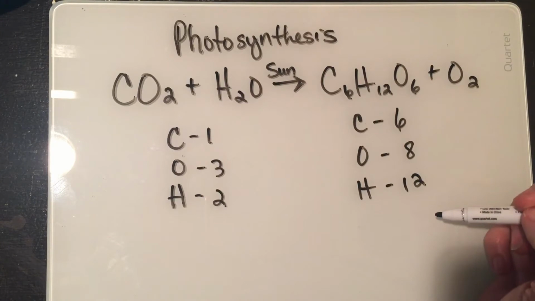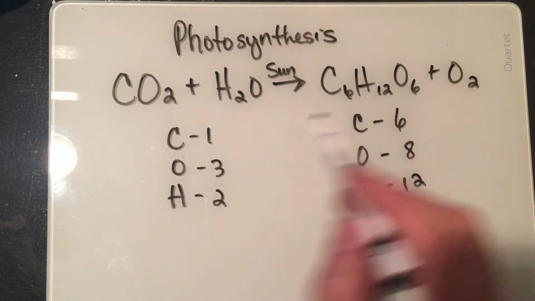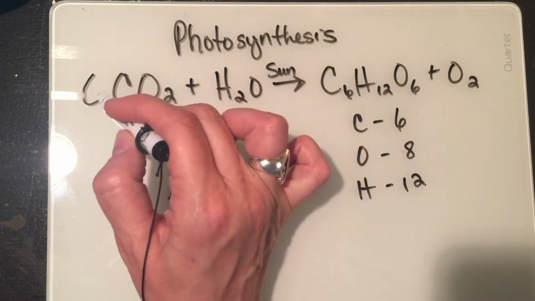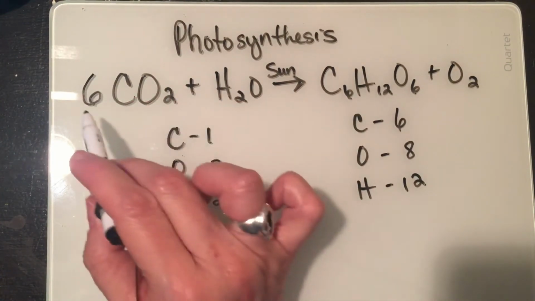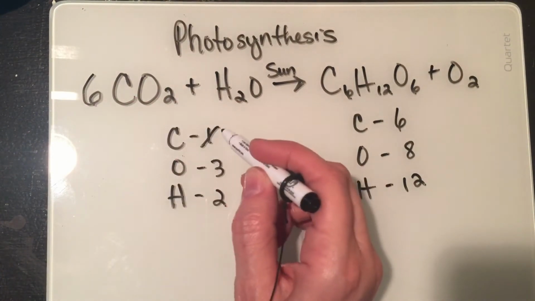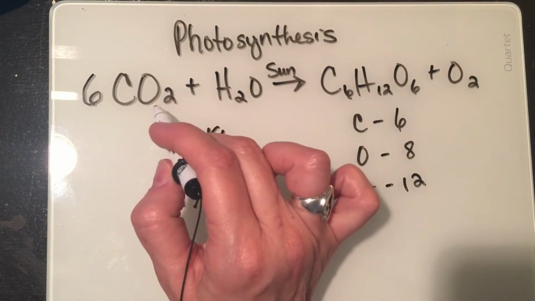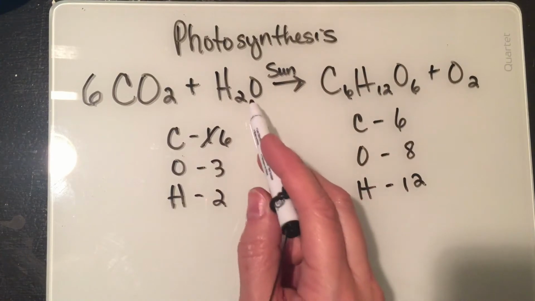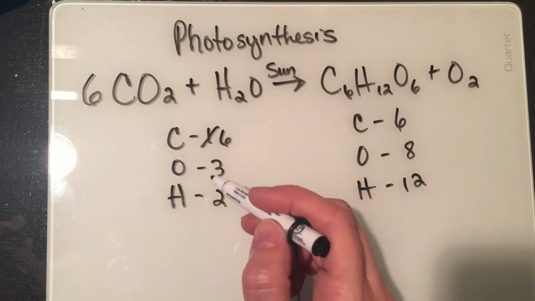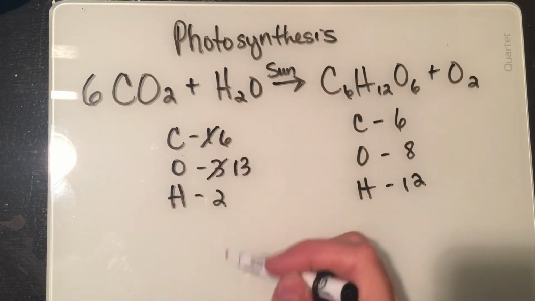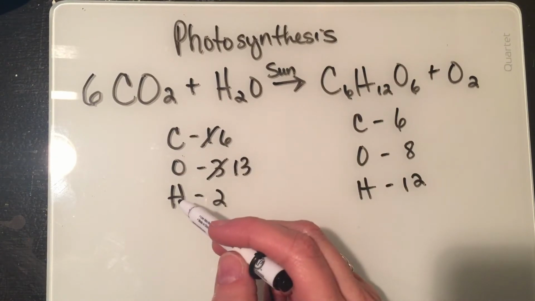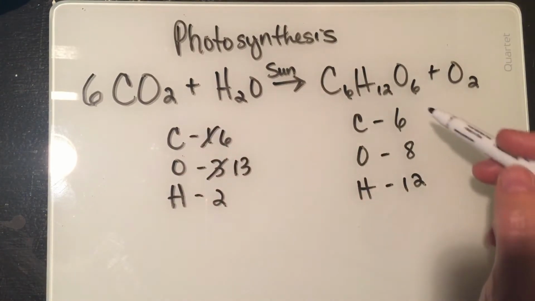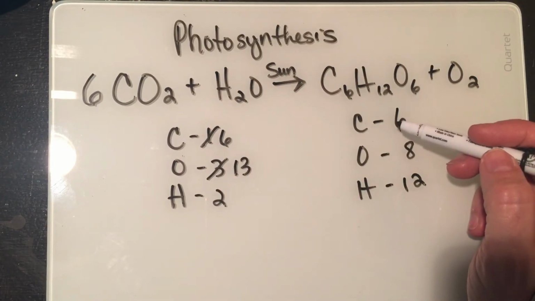All right. I need 6 carbons on this side to match this 6 carbons. So I'm going to put a 6 right there. So that gives me 6 carbons. It gives me 12 oxygens here plus 1 here. So that's going to be 13. Then I've got still 2 hydrogens. Let's see what happens over here.